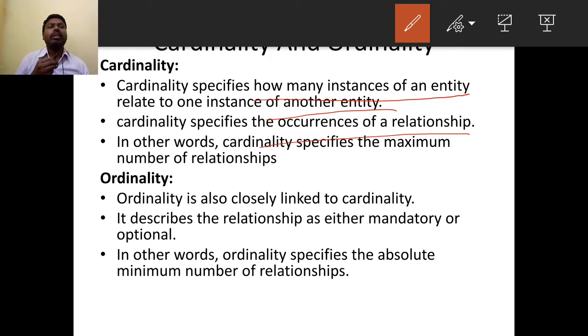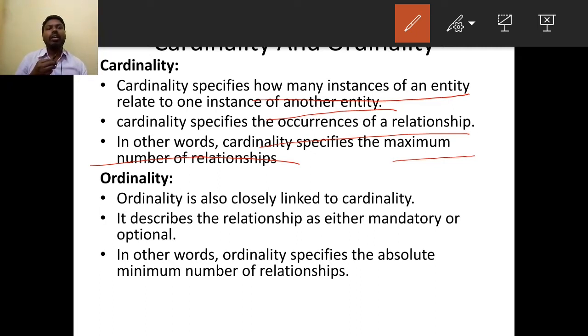In other words, the cardinality specifies the maximum number of relationships. So in general, cardinality specifies how many instances of an entity can relate to one instance of another entity.